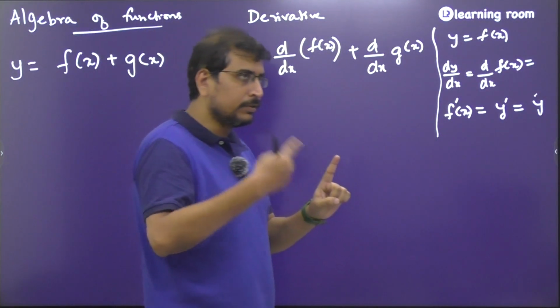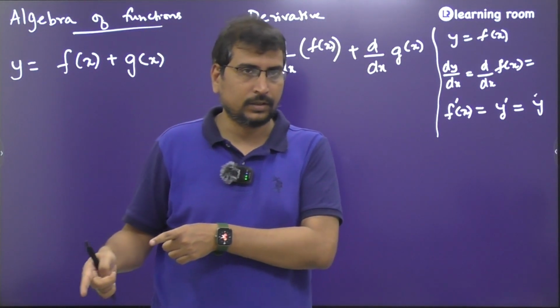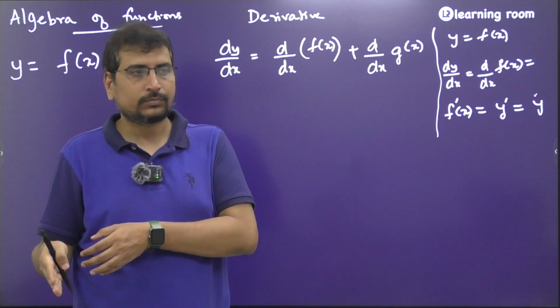You can ask me a question, can I differentiate the function a second time also? You can. It's called the second order derivative. If you do it three times, you call it the third order derivative.